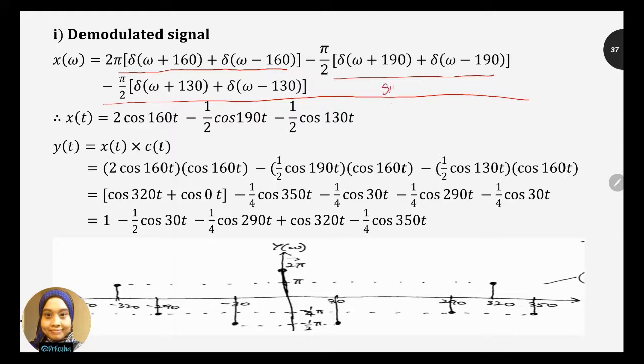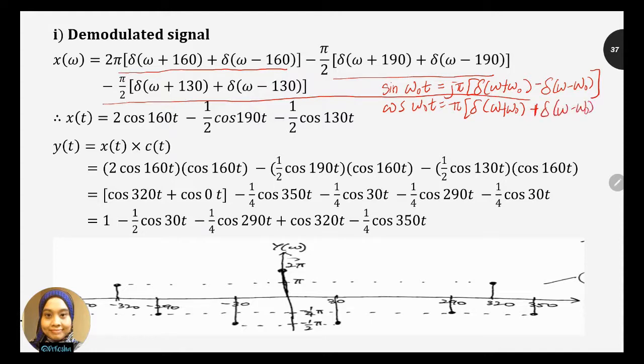Sine omega 0 t is equal to j pi in bracket delta omega plus omega naught minus delta omega minus omega naught. Okay, for the sine, and for the cos it is almost similar. It just has no j in front, only pi delta omega plus omega 0, and you need to add delta omega minus omega 0.